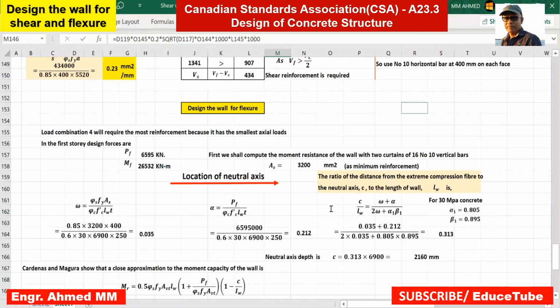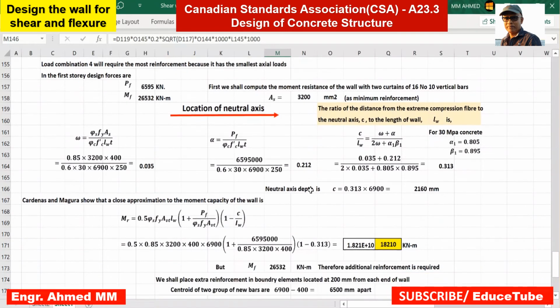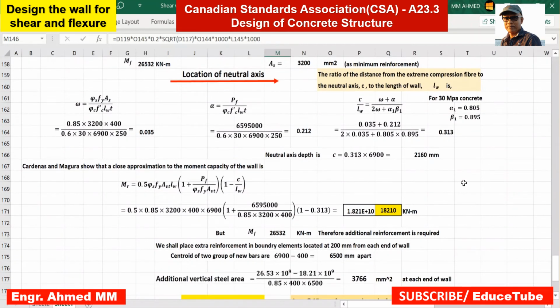Now, it's very easy for us to find C by LW because we already got all the parameters. So at an end we got 0.313. Neutral axis, it will be C equal to this multiplied by LW, it will be 2160. So we got the neutral axis depth.